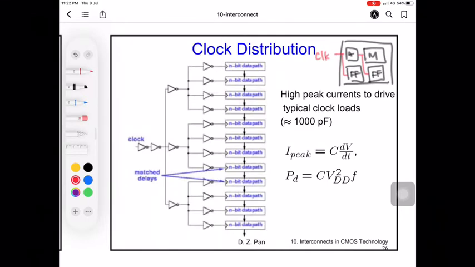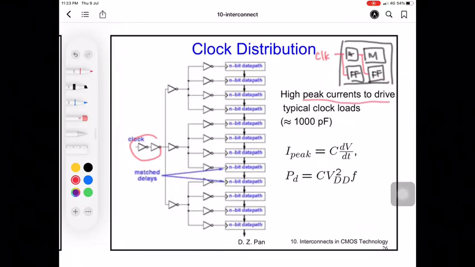If you can see here, the clock distribution is connected like a tree. So it will branch in the beginning, the first clock will branch into several different layers and different branches. So you need a very high peak current to drive all this load.